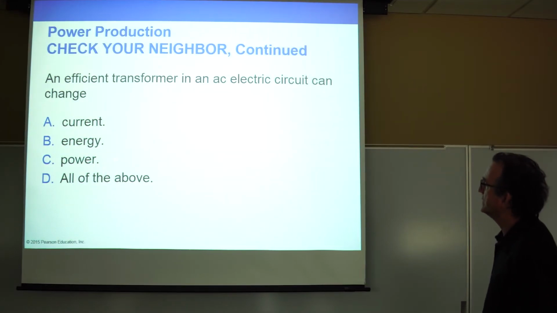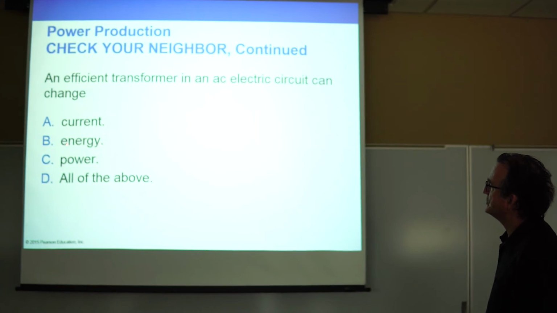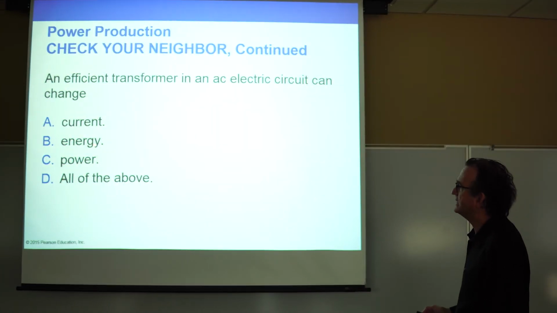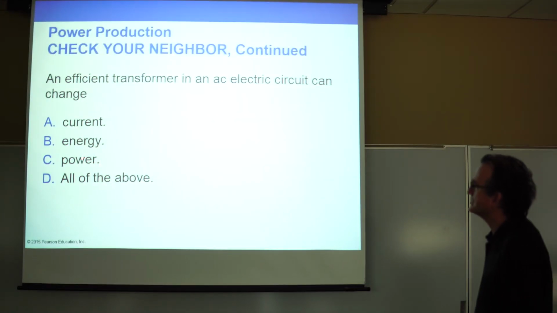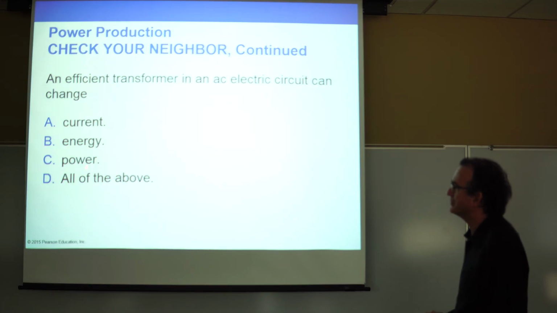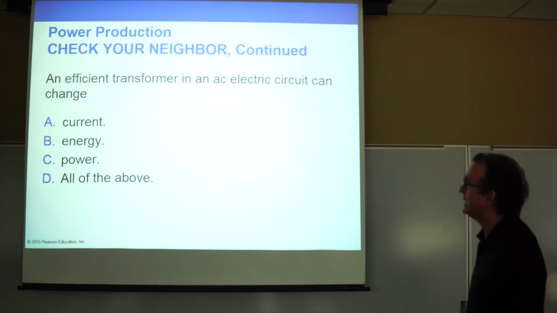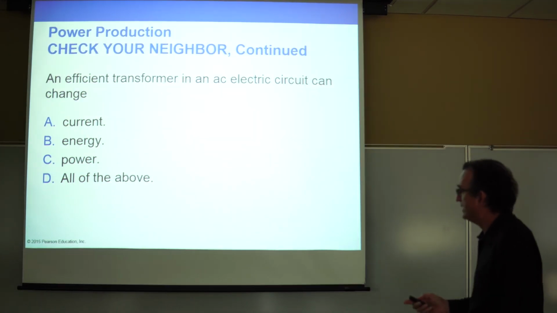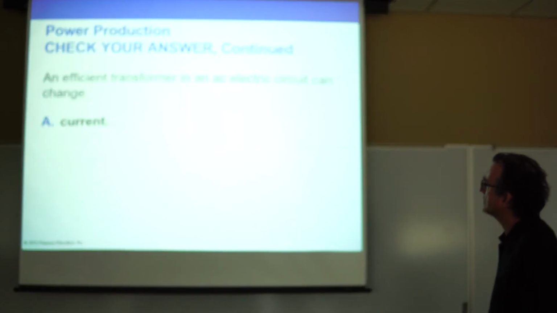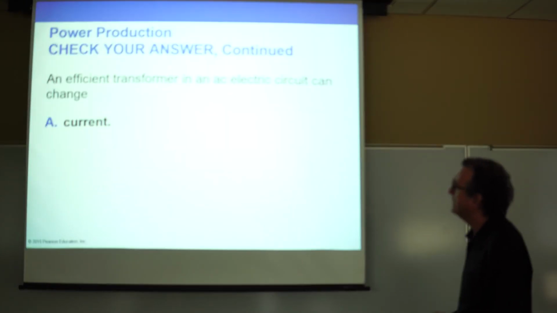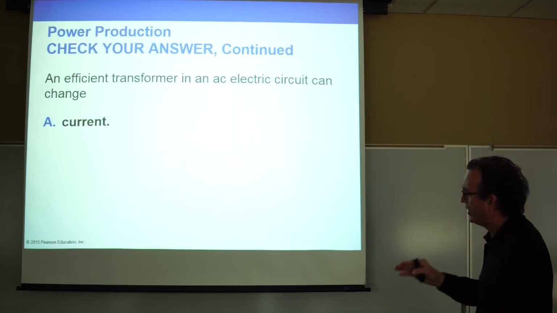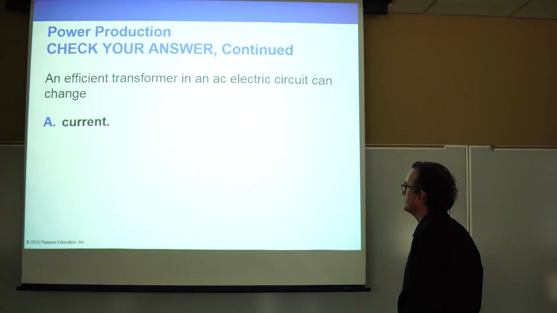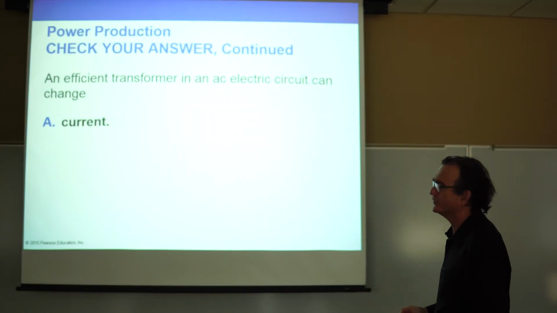So if that is true, then the rate at which the energy is being supplied cannot be any different than the rate at which the energy is being transformed. Power is energy per unit time, so power cannot change either. So the only one really left is the current, which is kind of what we had talked about earlier: since the voltage is changing with a step up or step down transformer, the current will also change as well.